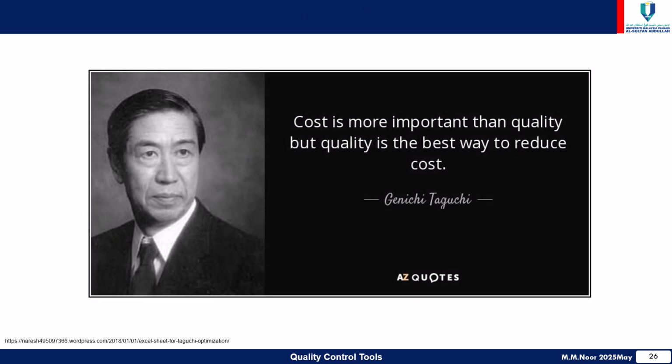Genichi Taguchi once said, cost is more important than quality, but quality is the best way to reduce the cost.